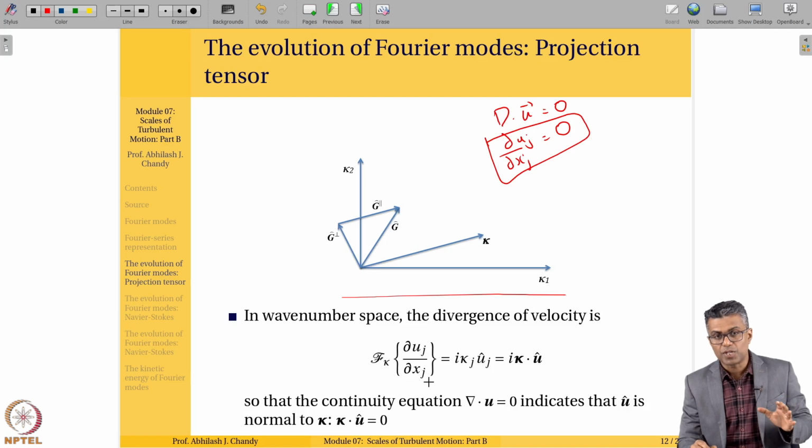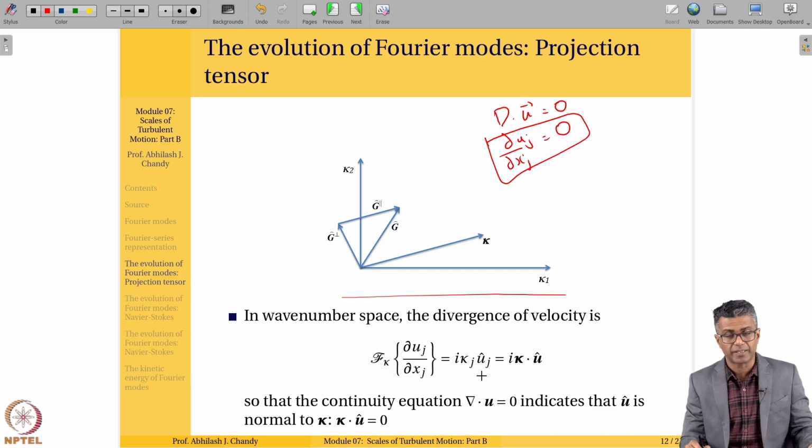Now, using what I had just learned, the Fourier transform of del uj by del xj, so the Fourier transform of a derivative, becomes i kappa j times uj hat, meaning the Fourier mode of the velocity variable itself.